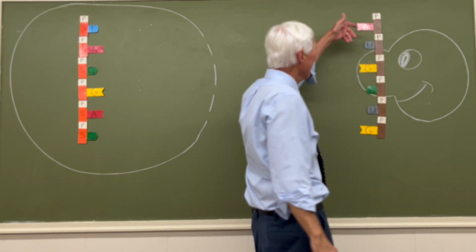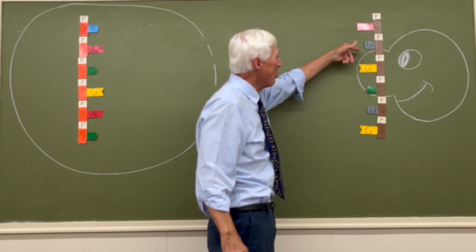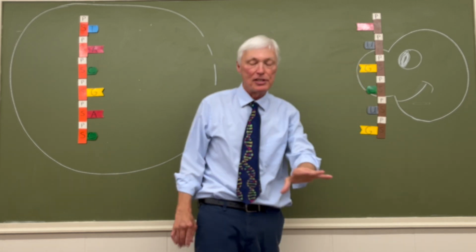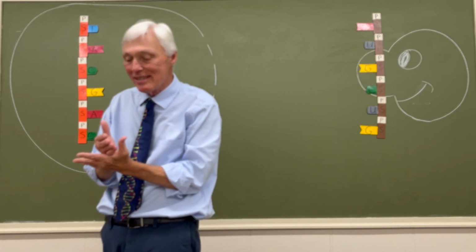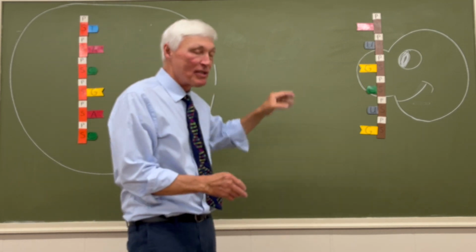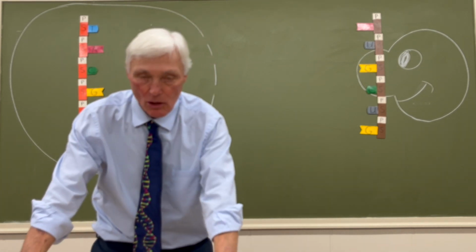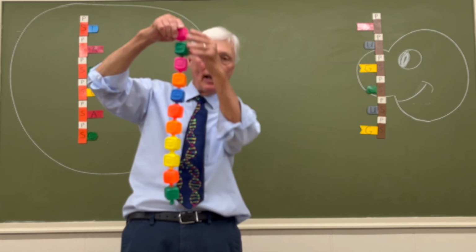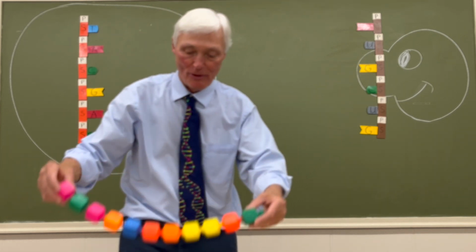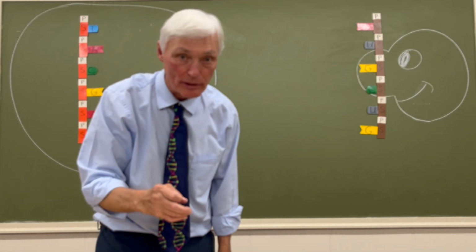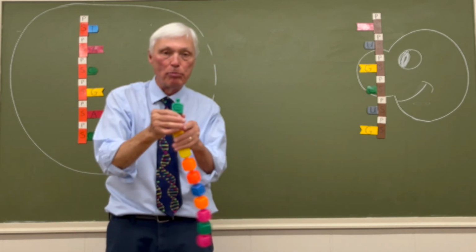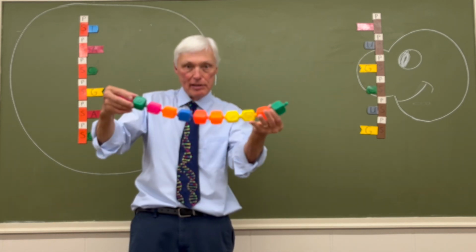Now, the order of the bases in the messenger RNA spells out coded instructions for the ribosome on what amino acids to put together in what order. And the order is very important. Super important. Watch carefully. See this protein?